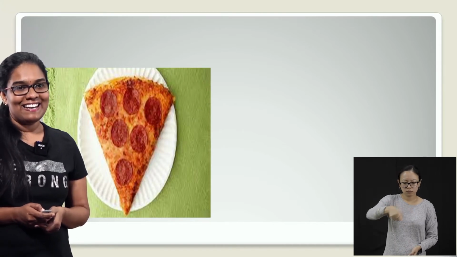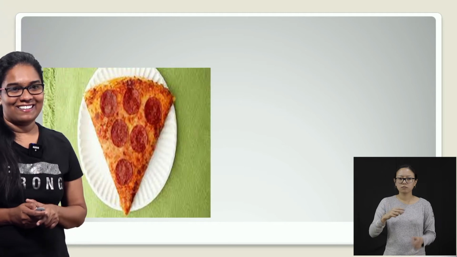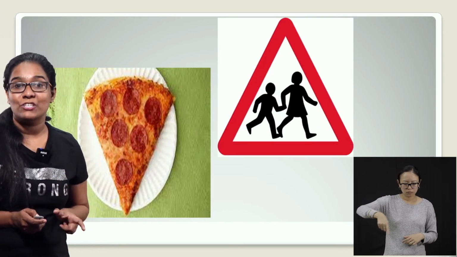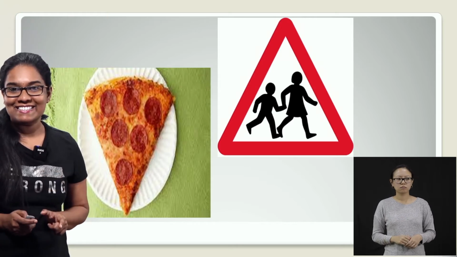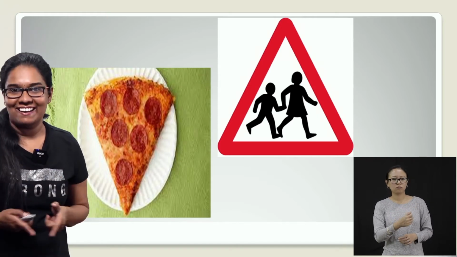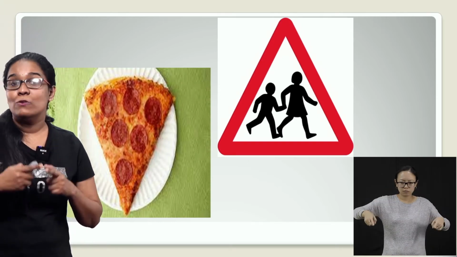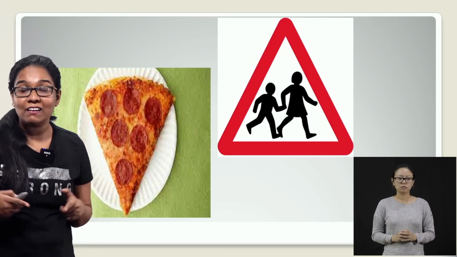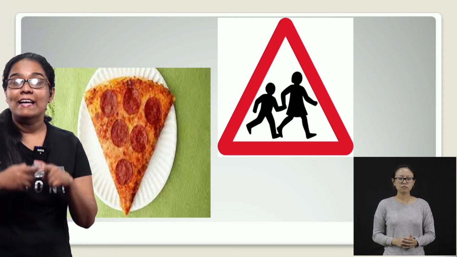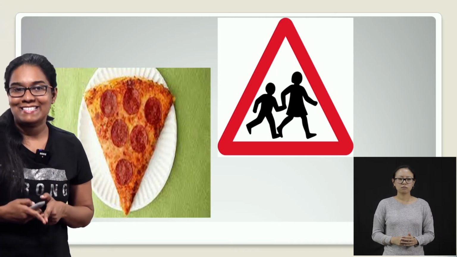This is a slice of pizza, right? This is in which shape? Yes, it's triangular in shape. And this is a traffic signal, right? This is a traffic signal and this also have triangular in shape. This is also triangular in shape.